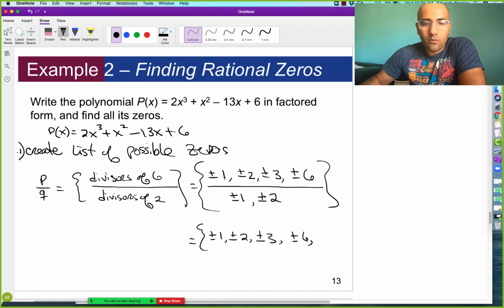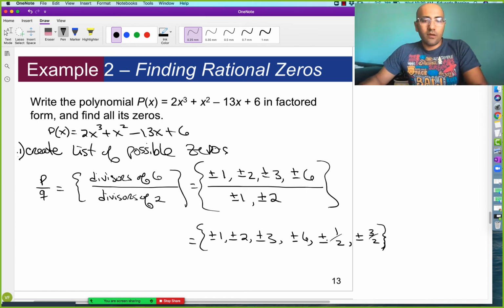So I get 1 over 2, so plus or minus a half. Then 2 over 2 is a 1, and I already have 1, so I don't have to repeat that. Then plus or minus 3 over 2. And then plus or minus 6 over 2, which is a 3, and I already have a 3, so I don't have to repeat that again. So I'm done. Here's my list.